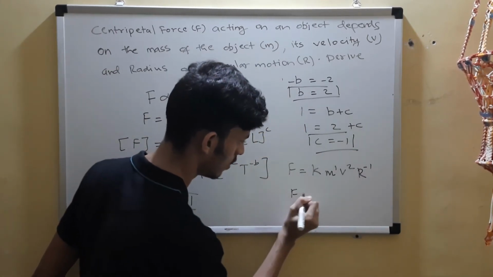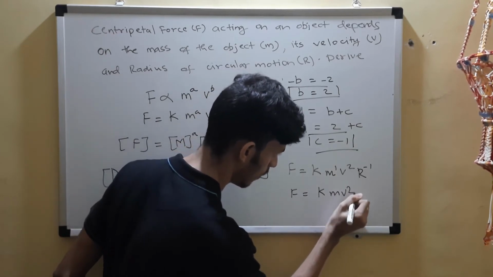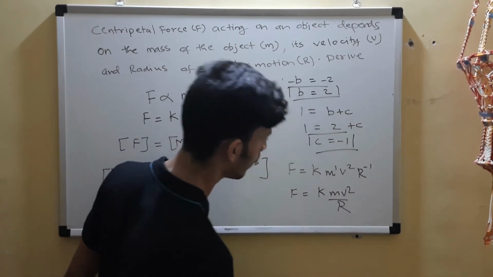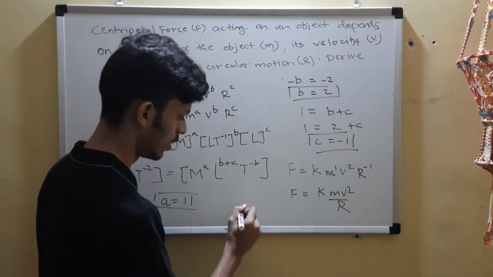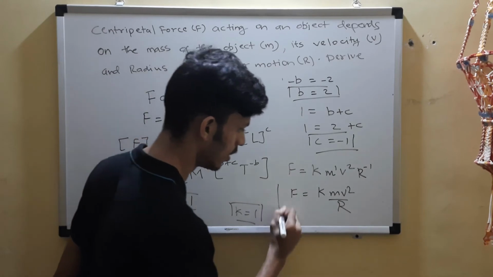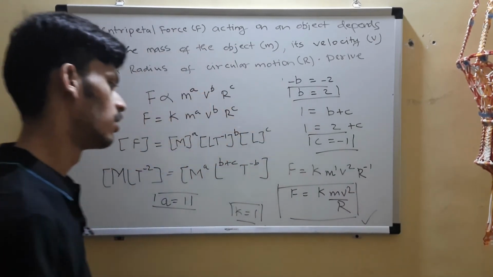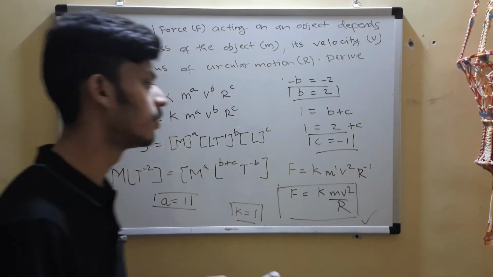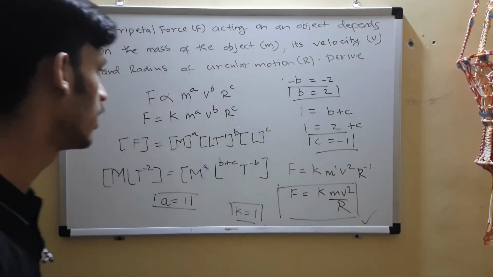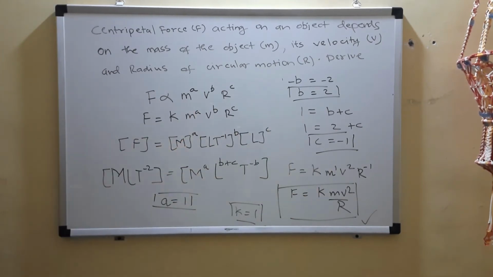So you can remove that minus sign by taking it to the bottom: F equals m v square by r. The constant k here is 1. You are supposed to end the answer here. Okay, it's correct. It's very simple, same procedure, same way. You just have to find a, b, c and then plug in over here, and you get the answer.